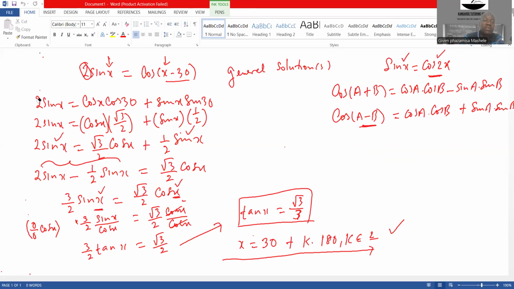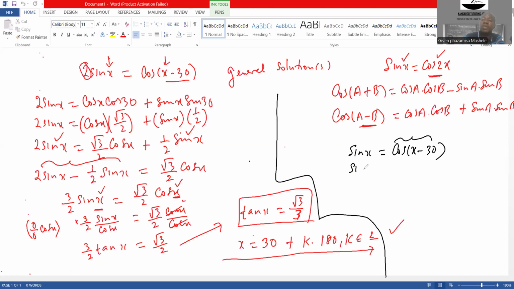The answers will still be the same. Let's say we have sine x equals cos of x minus 30, so that we use compound angles. I'm saying cofunctions, the answer will still be the same.